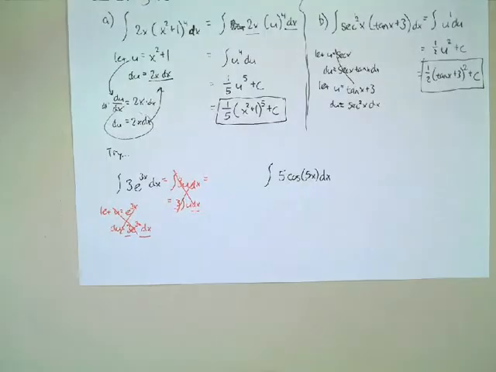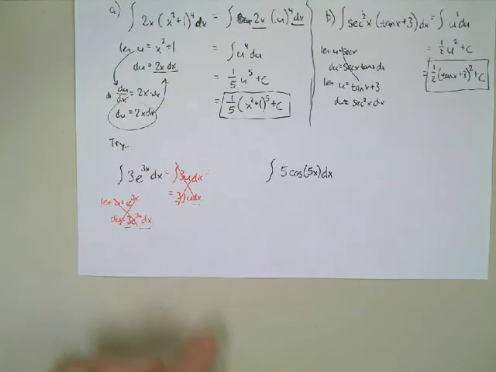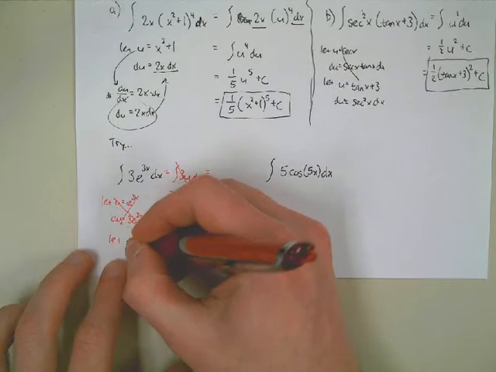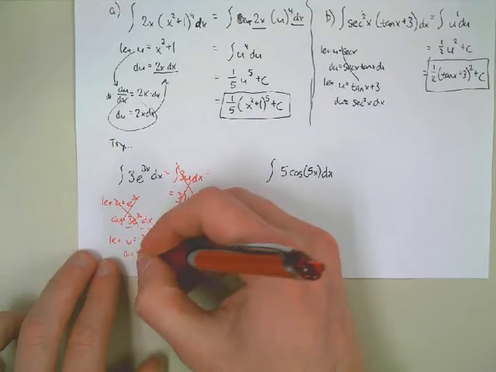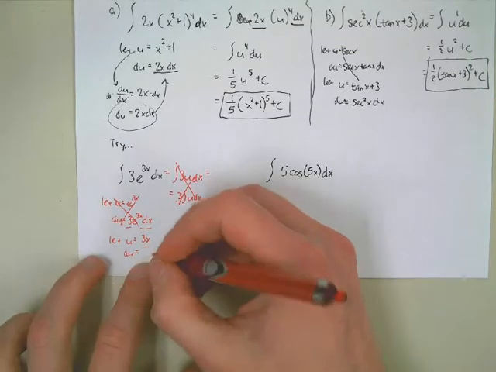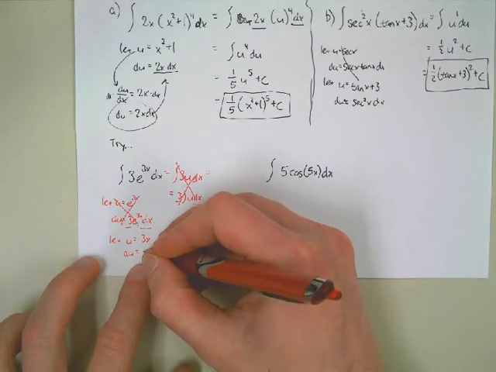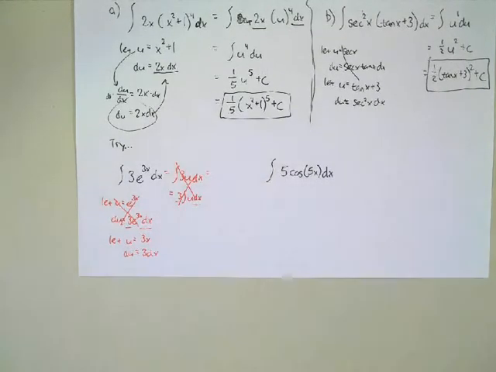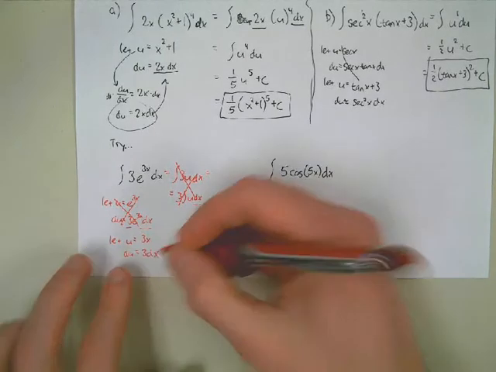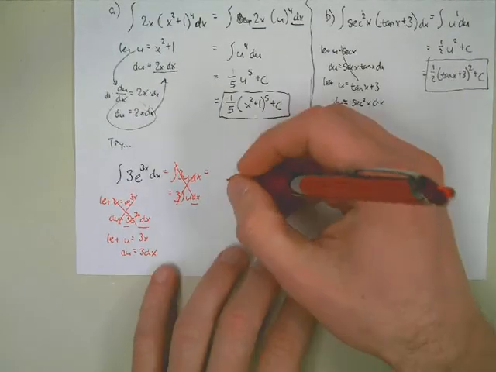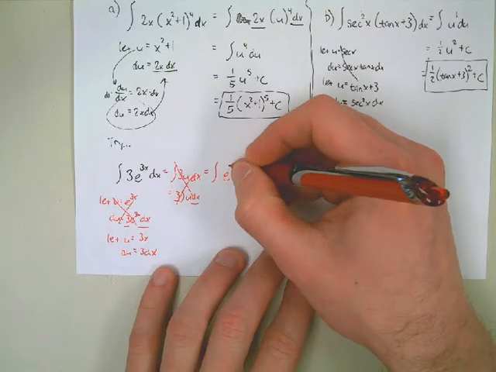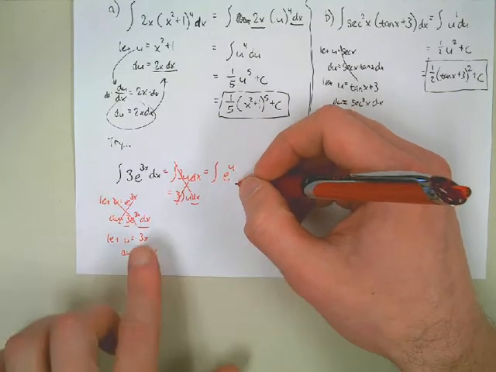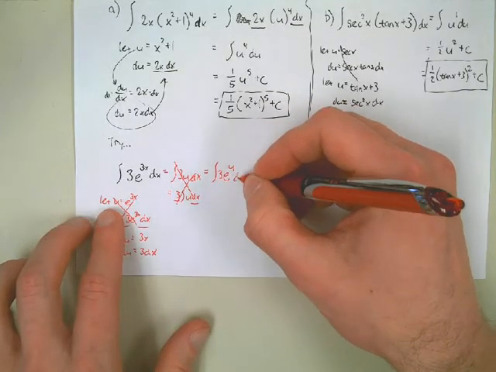Okay, so we're going to let u equal what? 3x. du is then what? 3 dx. Now let's look at that substitution. That's now the integral of e to the u, but the 3 dx is still there, but that's what our du is, so it exactly substitutes like we needed to.